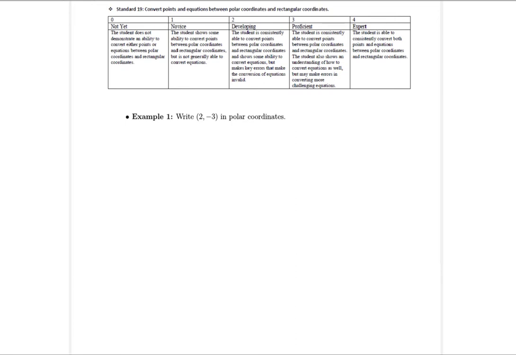The first thing I think to note here is that we can quickly ballpark whereabouts (2, -3) is. So here's (2, -3). So we know we're talking about a point right there. What do we know? We know that r squared is going to equal x squared plus y squared.